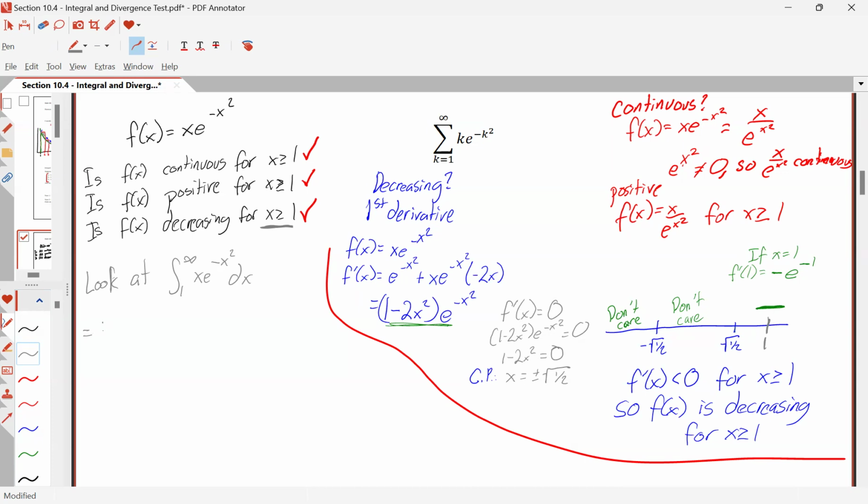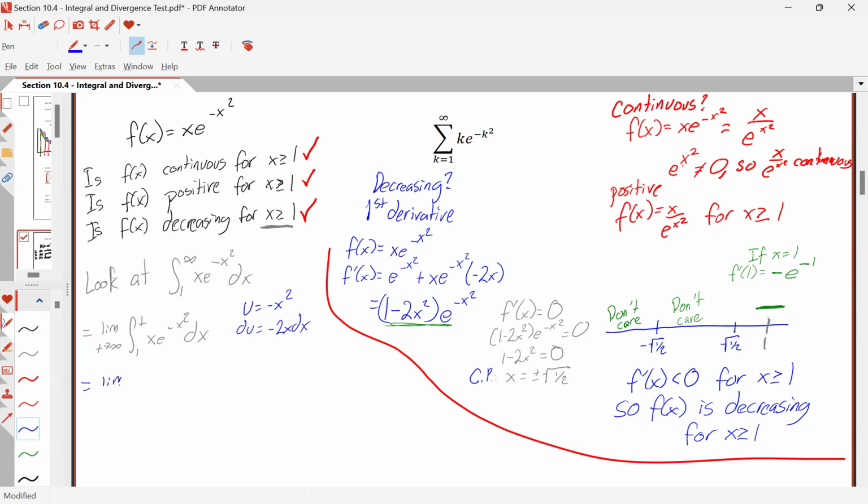So that integral is equal to the limit as t goes to infinity of the integral from 1 to t of x e to the negative x squared dx. This is a u sub problem where u equals negative x squared, du equals negative 2x dx.